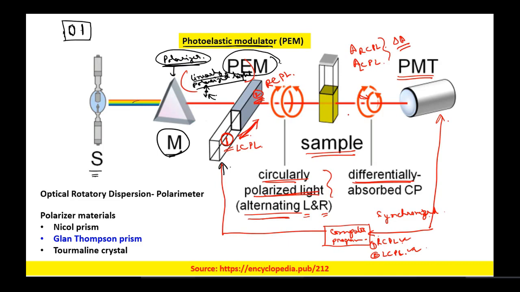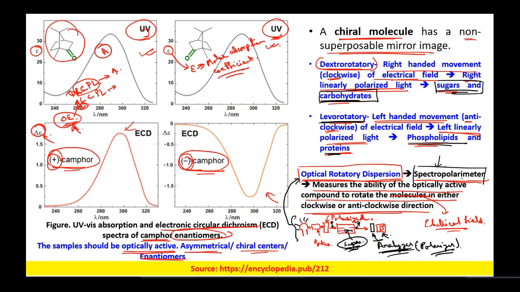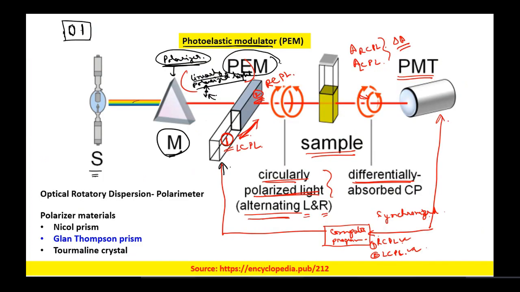Okay. You have to keep in mind, I want to make sure, in the spectropolarimeter the sample was changing the orientation of the polarized light, whereas in CD spectroscopy the sample is not changing the orientation.